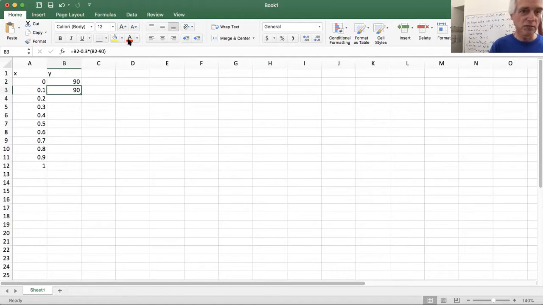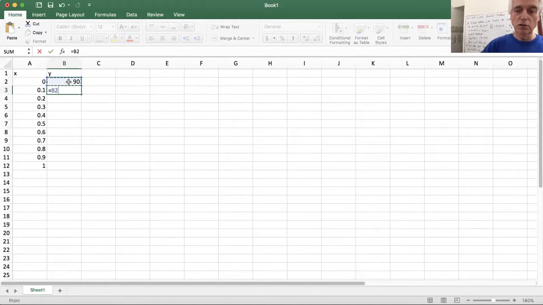So let's clear this. Well, I probably have to do this thing again. All right, let's see it. Okay, what is this equal to? That equals the previous minus 0.3 times parentheses the previous minus 20.